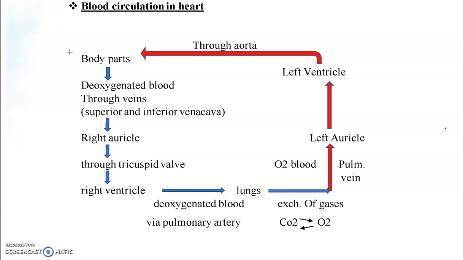So basically what happens is these various parts of our body give deoxygenated blood to the right auricle. The main thing we need to understand here is that from different parts of our body, deoxygenated blood goes into the right auricle.